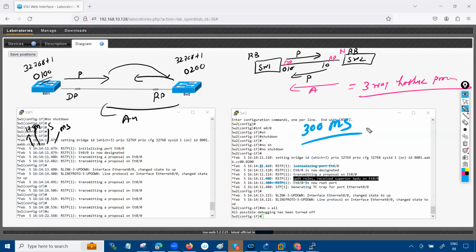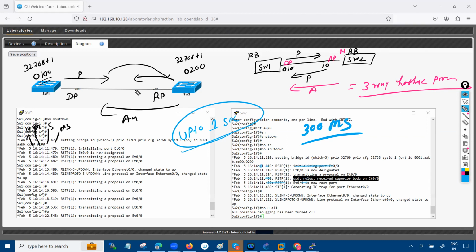I'm not even saying a second. In just 300 milliseconds, my network will get converged. So within up to 1 second, the RSTP protocol is required to bring the interface up. Now your PC is not going to wait for so long.